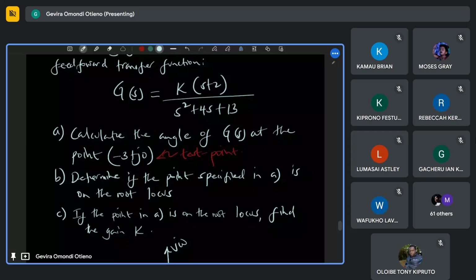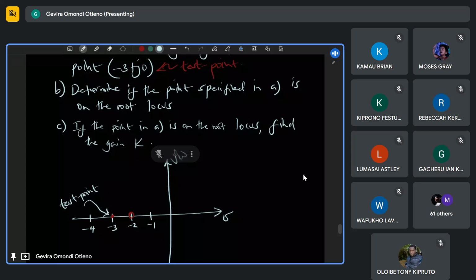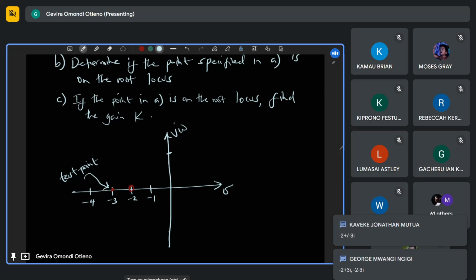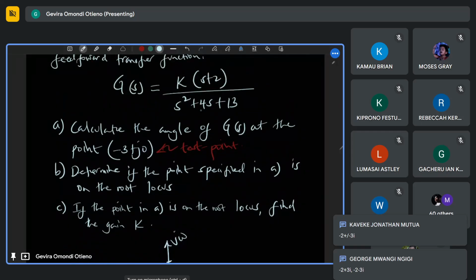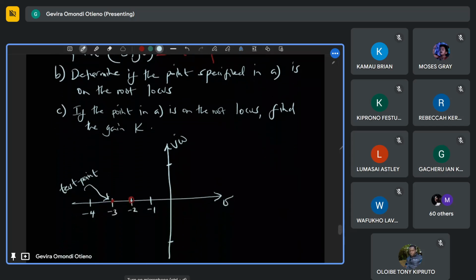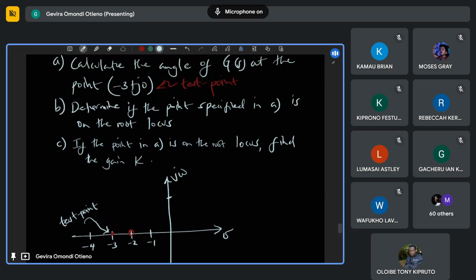These are complex conjugates, so I just need the J part. Because this is 4, it's going to be -2 plus something and -2 minus something. Anyone to tell me the roots, please?